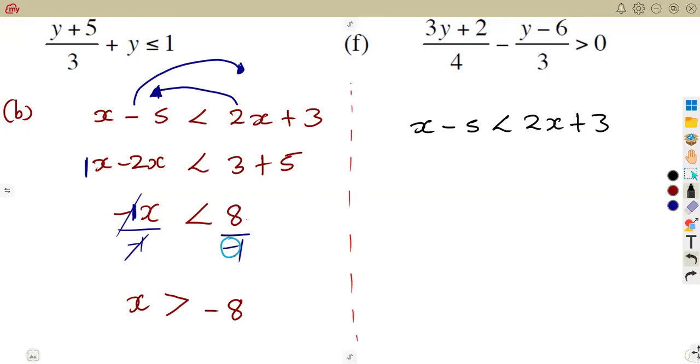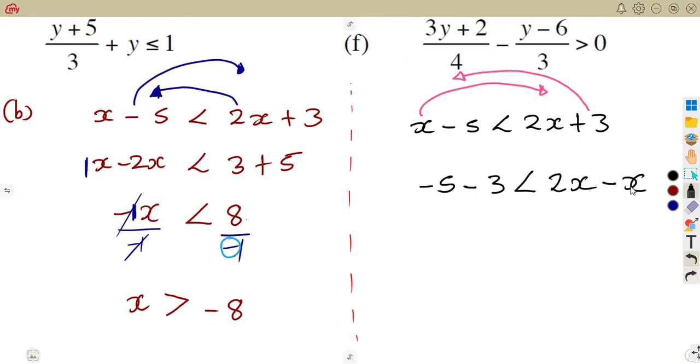Then we choose to avoid that negative by taking the x to the other side of the inequality and this 3 to the other side of the inequality. It means we were going to have minus 5. The 3 to the other side is going to give us what? A minus 3, which is less than. We already have the 2x on the other side of the inequality. So it's going to change to be a minus.